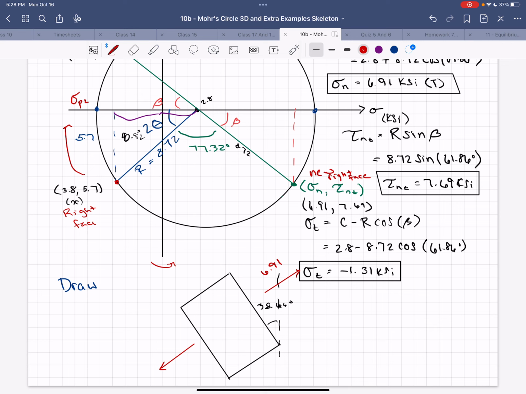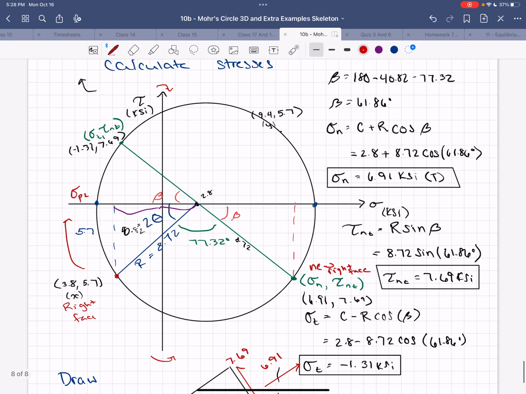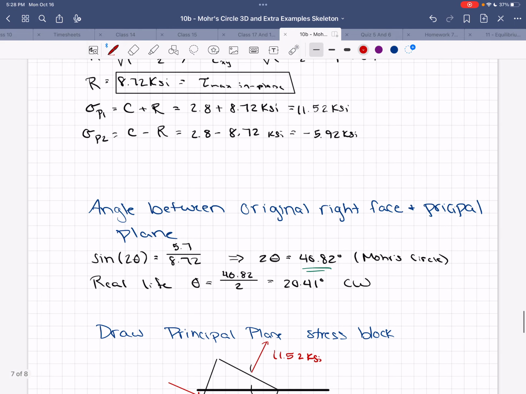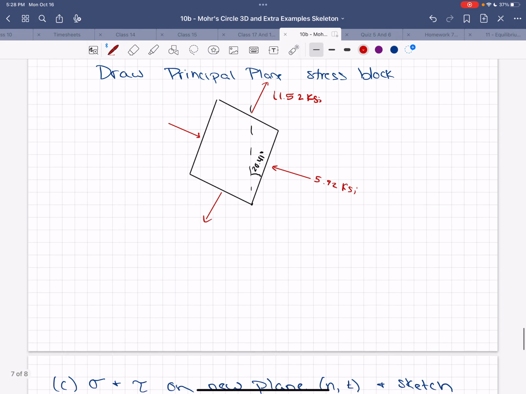On that right face, I have a shear stress that is going to rotate things counterclockwise. So that means it's going to go that way, so it's going to go up. And that value is 7.69. Okay, so max shear stress. Hold on here. I'm going to make sure that makes sense. Yep, that makes sense.